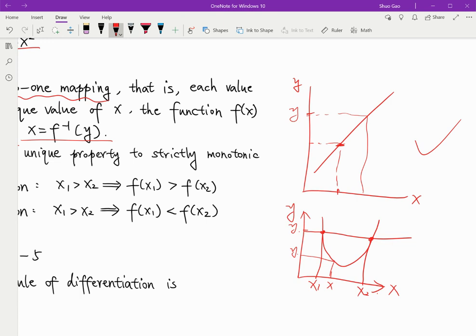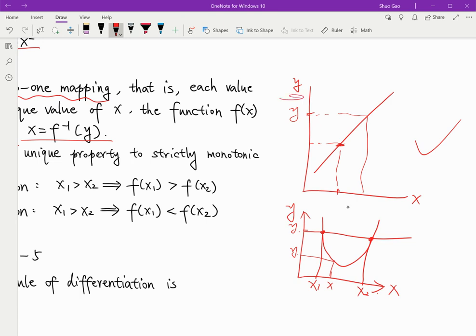So the value of y depends on the value of x. But for the inverse function, we can reverse the relationship between x and y.